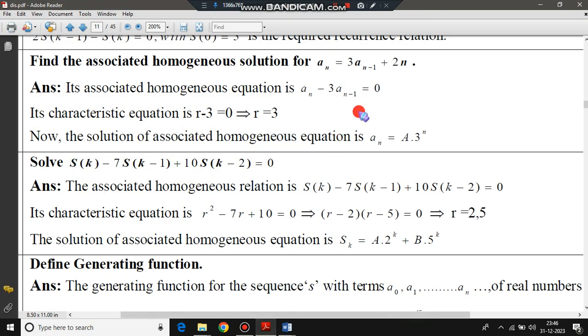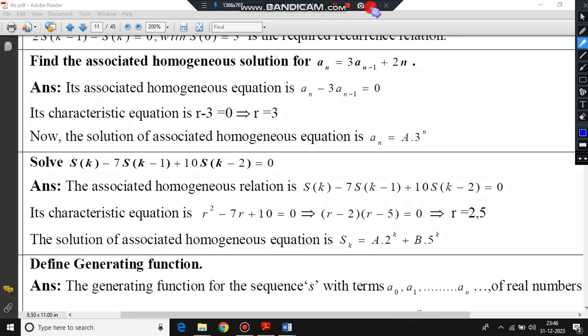This is the problem. Find the associated homogeneous solution for this. The homogeneous equation is of the form a_n equals 3a_(n-1) plus 2^n.